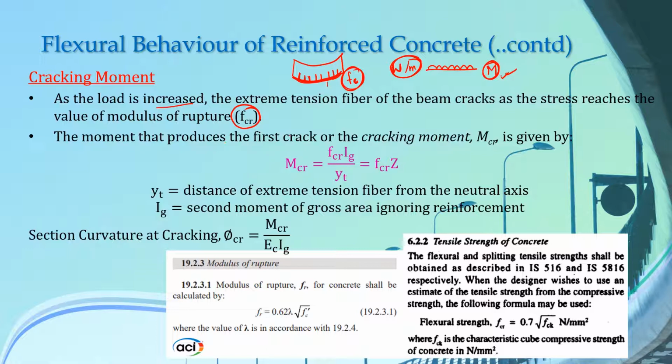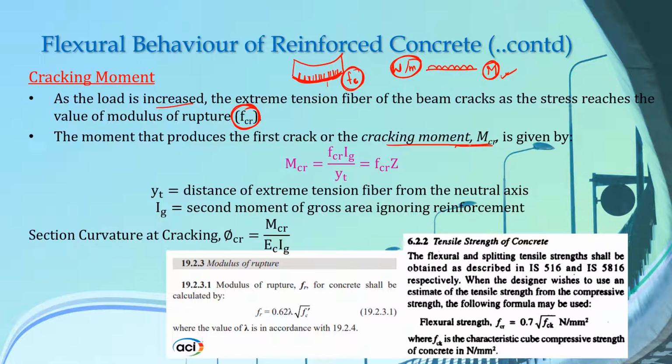And the moment that produces the first crack is known as the cracking moment. So the stress in our concrete at the time of this first crack is known as FCR, or modulus of rupture, and the moment that produces this first crack is known as the cracking moment.